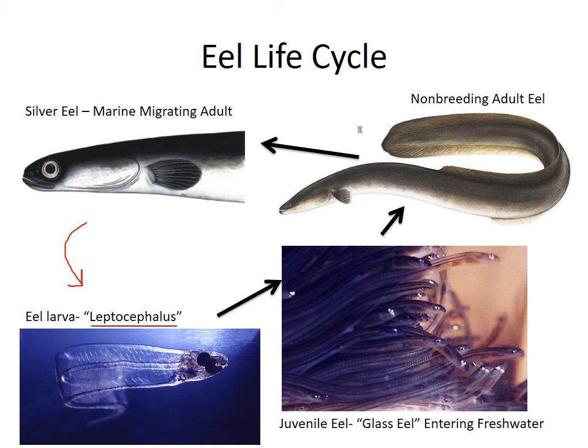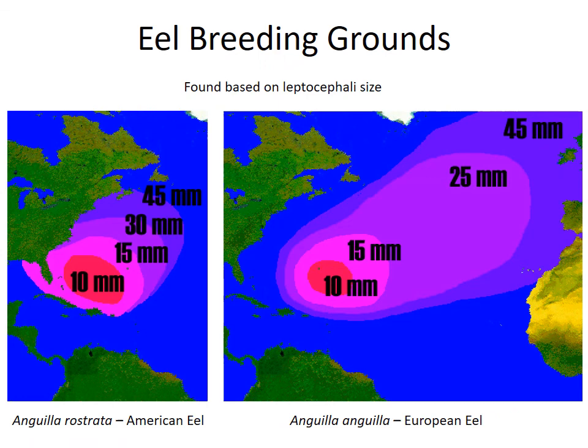So this life cycle was a mystery to scientists for quite a long period of time, but the mystery of where the breeding grounds of the eels were was discovered by surveys of plankton in the deep sea, which included the eel larvae. They saw the size of the eel larvae in different zones of the ocean. And they knew that where the larvae were smallest, that was probably where the larvae were being born.